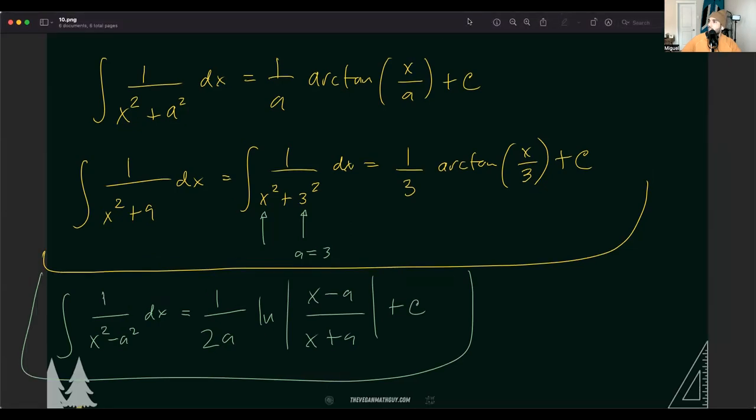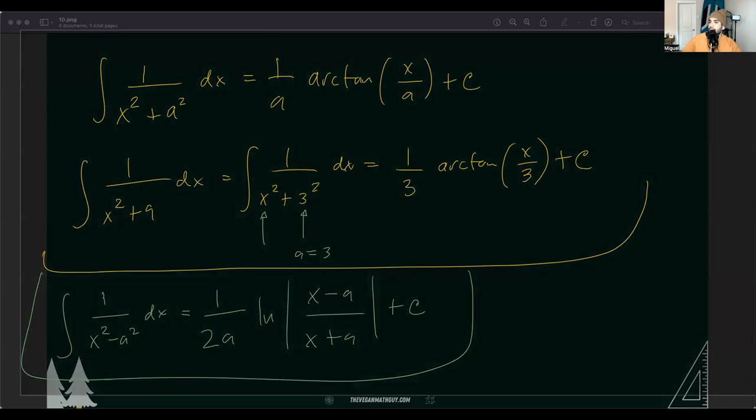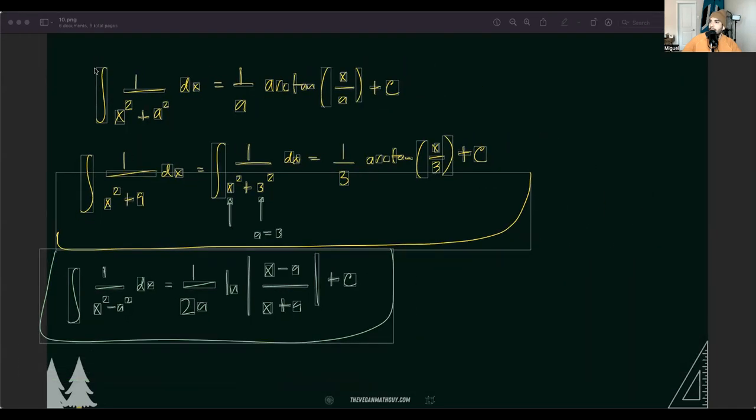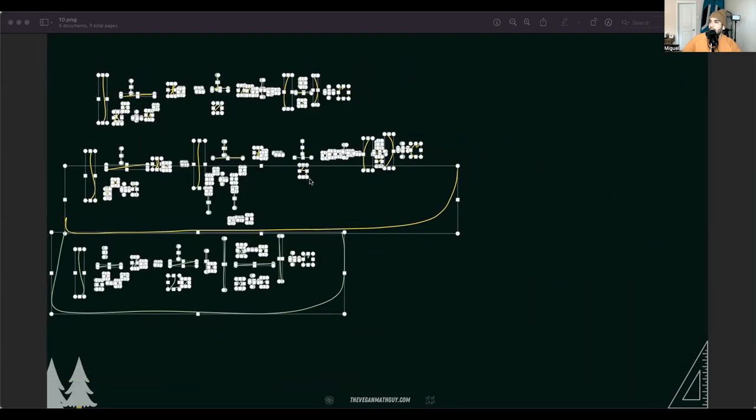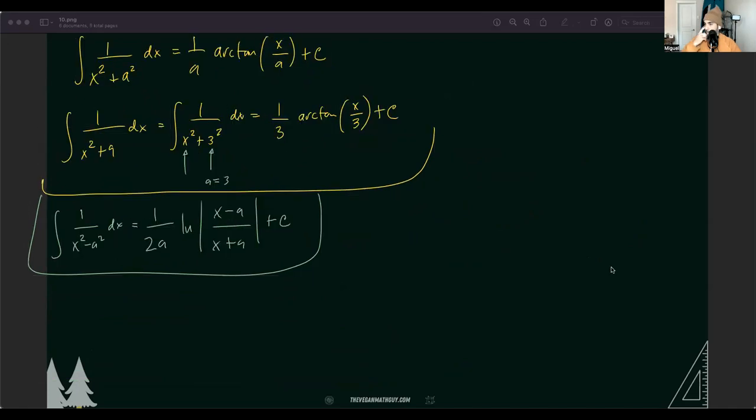So let me go ahead and just create some space on the blackboard here. So what happens if I have an example integral of 1 over x squared minus 16, for example? Well, if I rewrite this, this is 1 over x squared minus 4 squared.